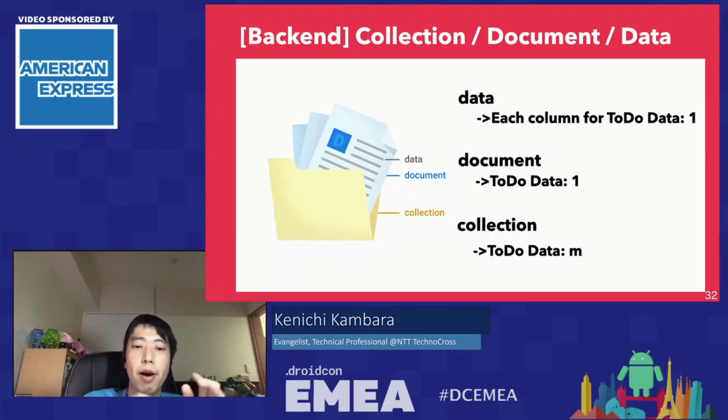One document matches one to-do. One document includes multiple data. The final term is collection. One collection can keep multiple documents in it. So collection means a collection for including multiple documents. These three keywords are so important. Please keep them in your head.